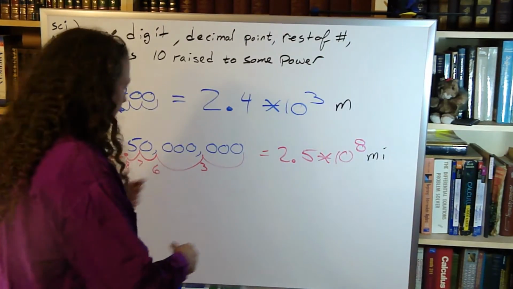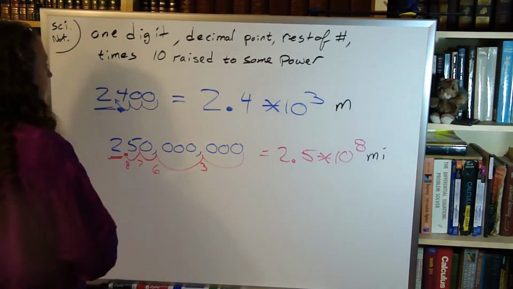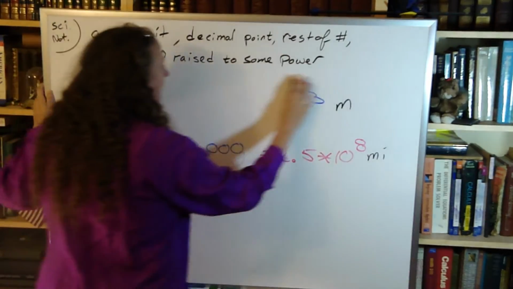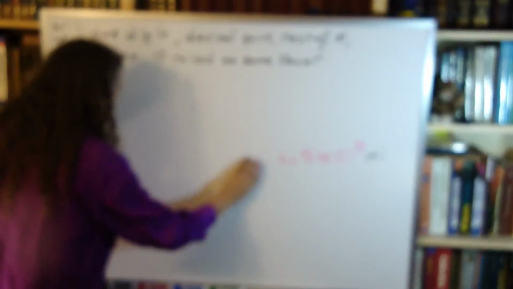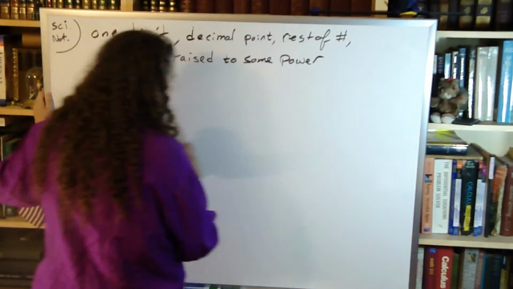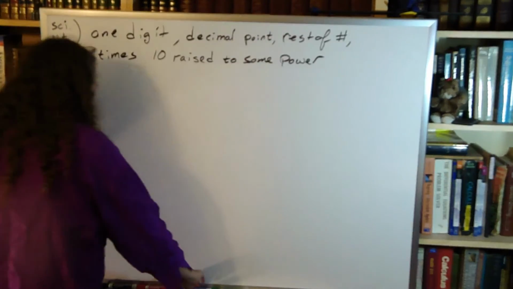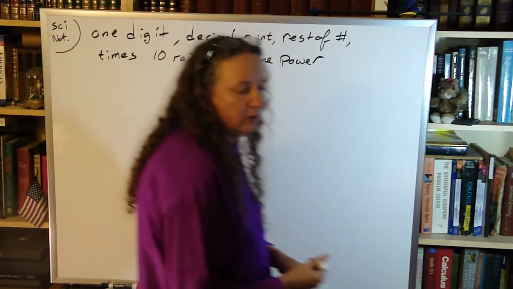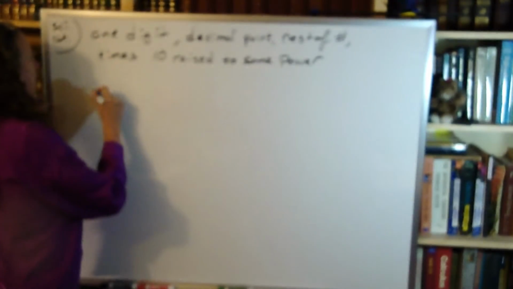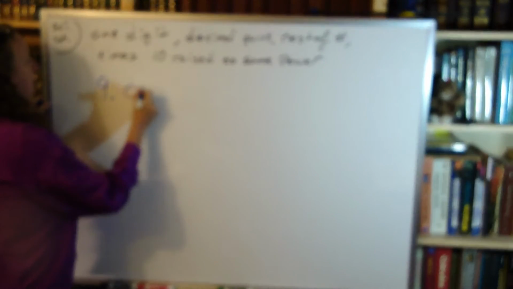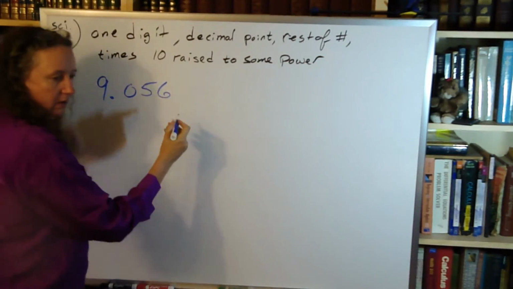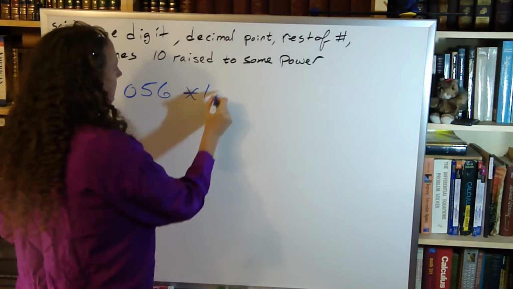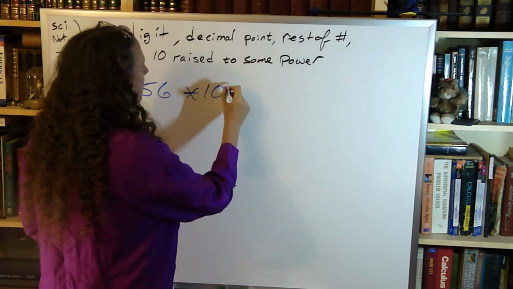Now we go the other way, from scientific notation back to standard notation. And we are starting with 9.056 times 10 to the negative 4.